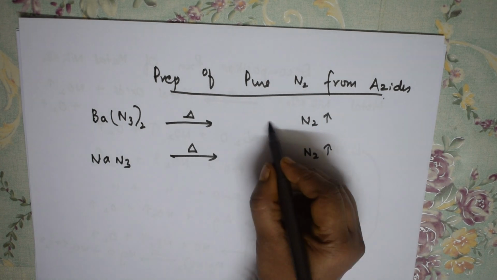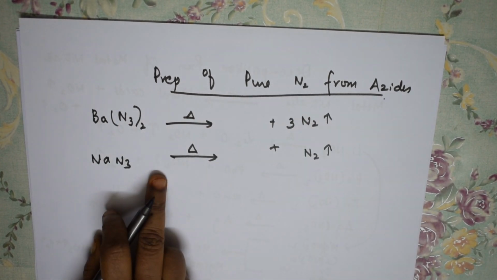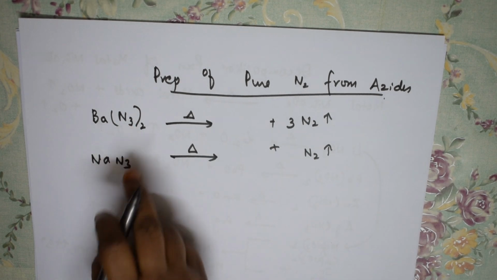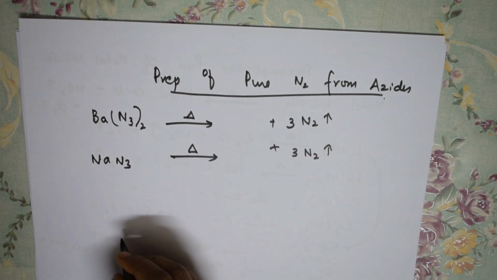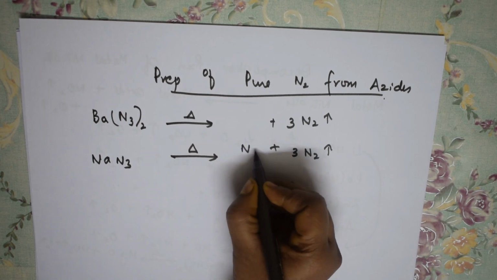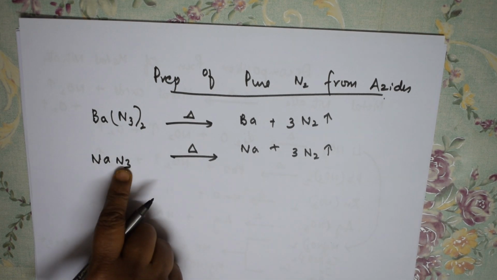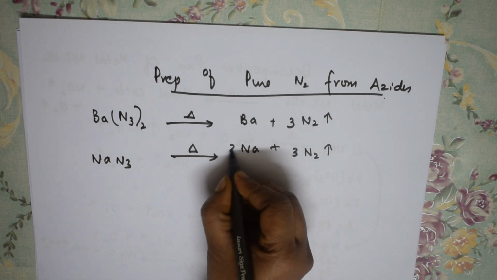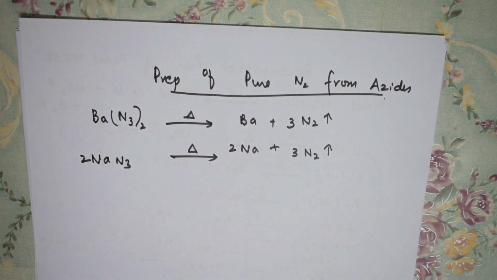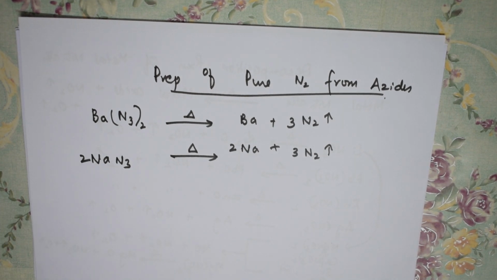Now, how many nitrogens are there? 3. 3 2s are 6. Here how many? 3. So one more is there, I have to write. That's nothing but sodium is here, barium is here. Now 3 2s are 6. So if I write 2 here, this also will become 2. It's balanced. So this is the decomposition of azides used for preparation of pure nitrogen gas.